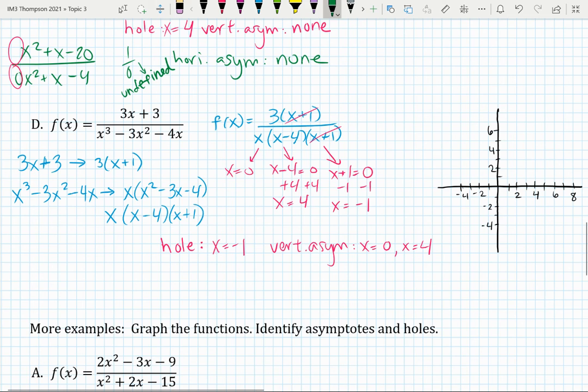Hopefully you found that the horizontal asymptote is at y equals 0. Maybe.